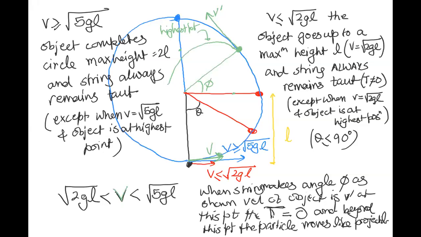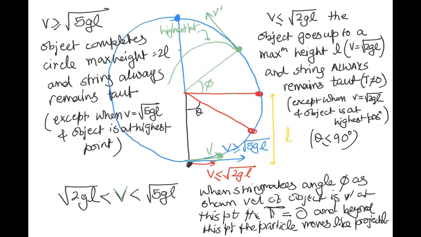But if you get velocity less than root 5 GL and greater than root 2 GL, you are then in a very big world of pain. Because the question, you can be sure, is going to be very lengthy now. Because it is going to consist of two separate motions.